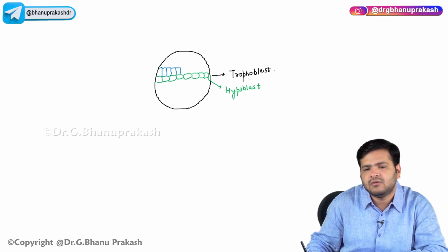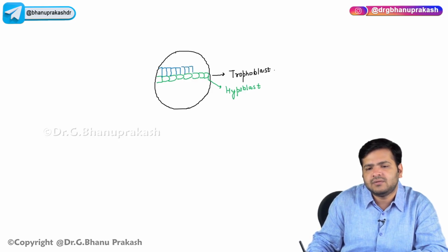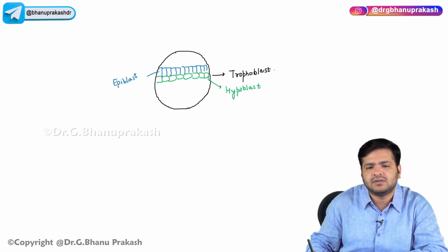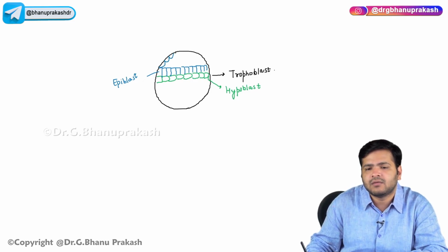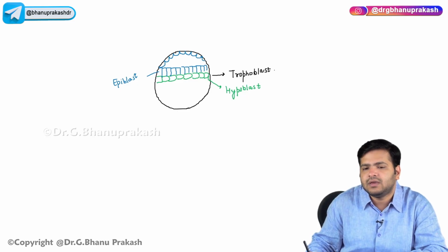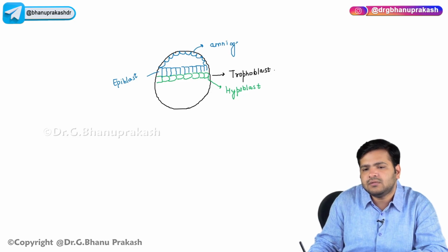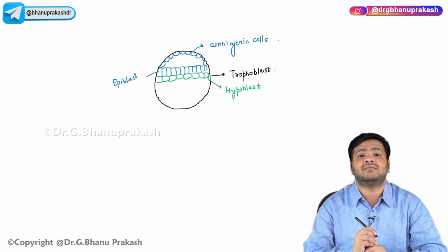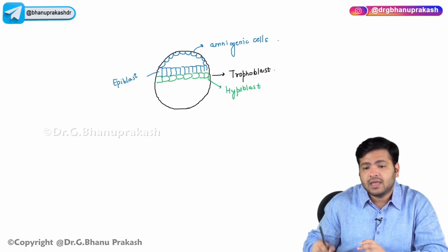Now these epiblastic cells will give rise to other cells which will line the trophoblast from inside, and these cells which you can see are called the embryogenic cells. Remember these embryogenic cells are derived from epiblast, right?